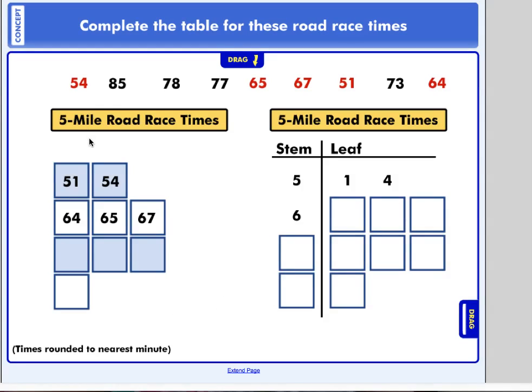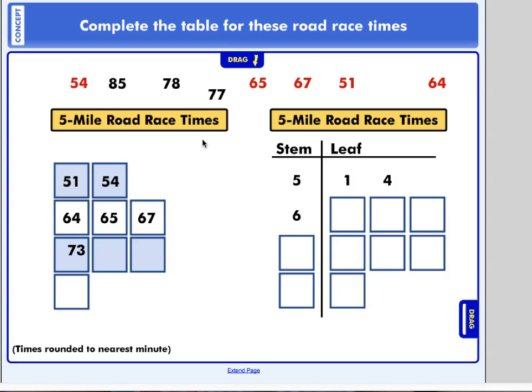Okay, let's complete this table for the road race times. We've got 5-mile road race times. Here's our table. We're putting our numbers in order. Here's our lowest. Now let's do our 70s. Our lowest 70 is 73.